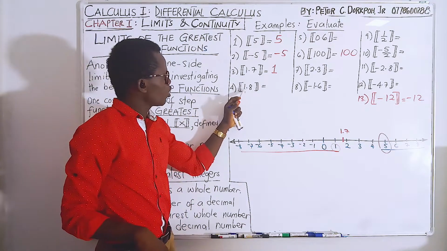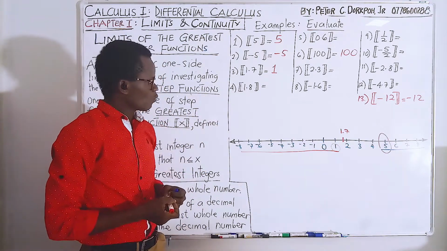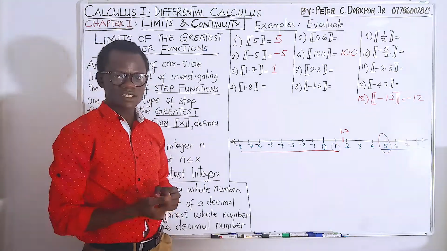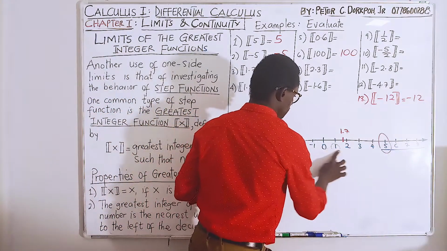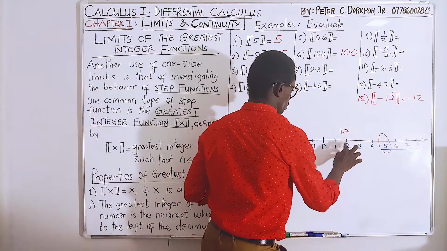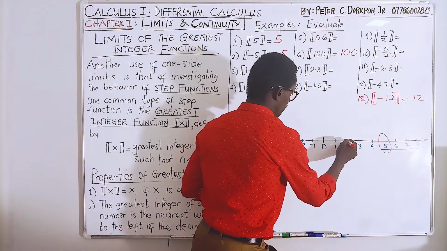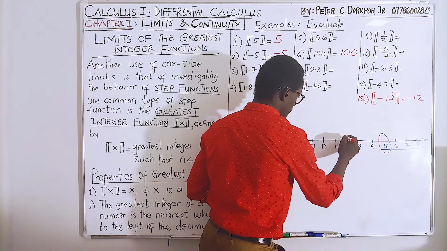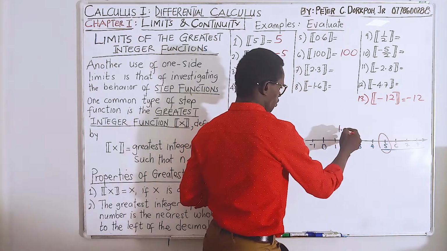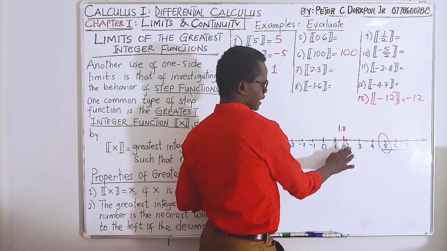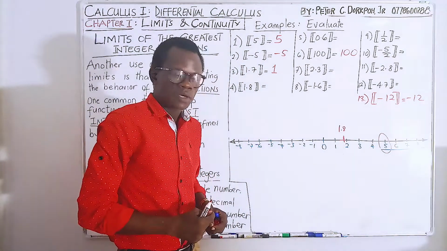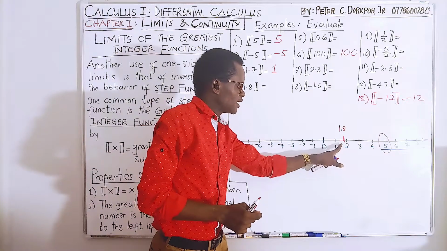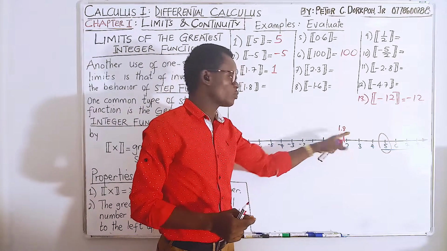Question 4 says 1.8. What is the greatest integer of 1.8? Now again, let's look there. 1.8, let's consider 1.8 around here, right? So if this is 1.8, which is almost at 2, what is that integer that is less than or equal to 1.8?